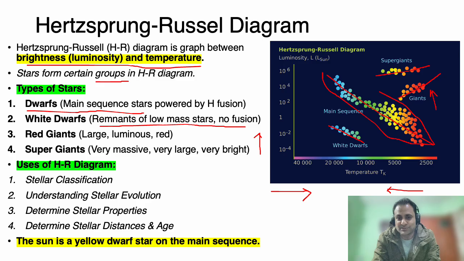Most of the stars are in this group because this group actually lives for a very long time. We will discuss this later, but hydrogen fusion is a very slow process, so at any given time most of the stars will be in this group.